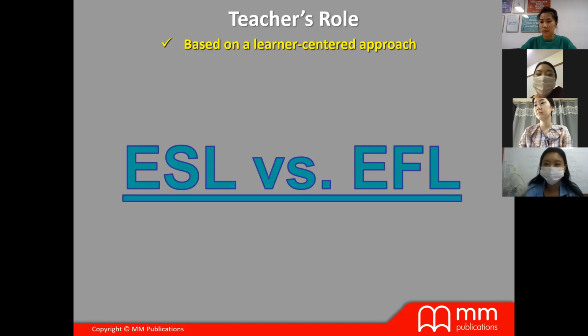But EFL, on the other hand, is where the environment they are living in uses English as a mother language, like a first language. So I think it's all about environment, I believe.